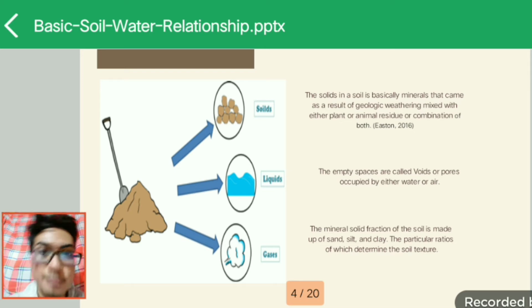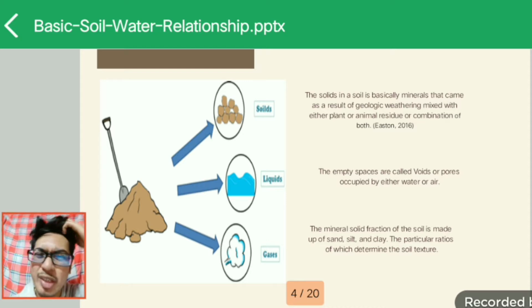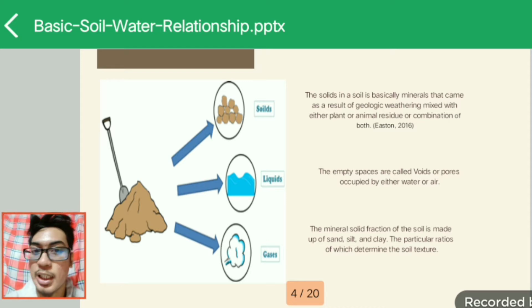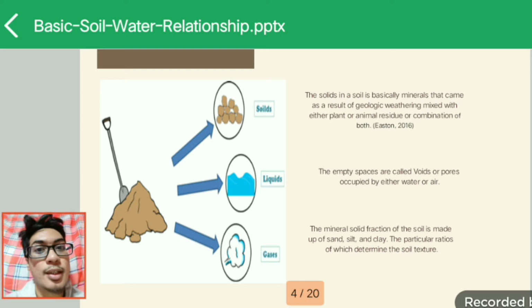How do you determine how many percent, or how can you say that a particular soil is clayey or loamy?